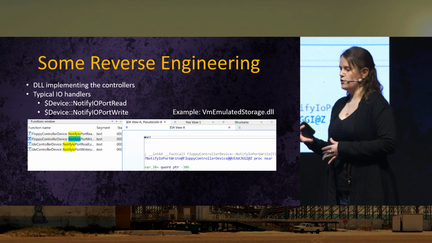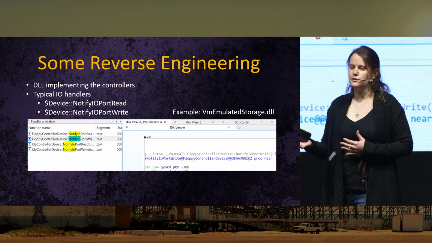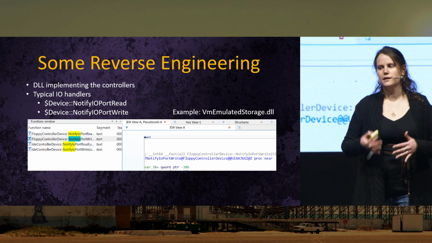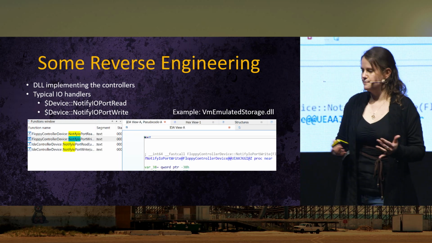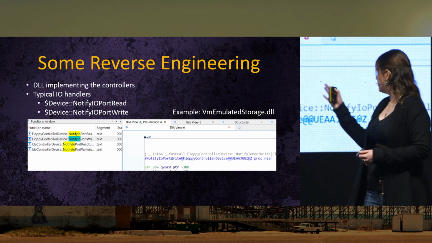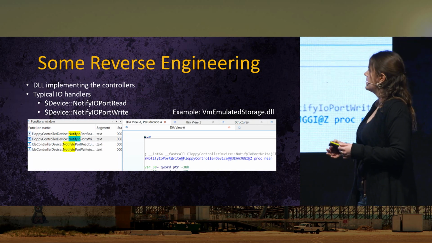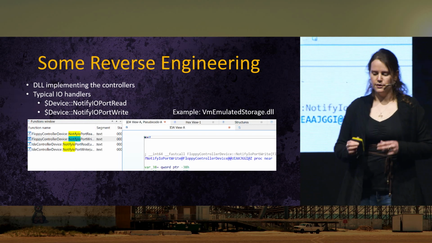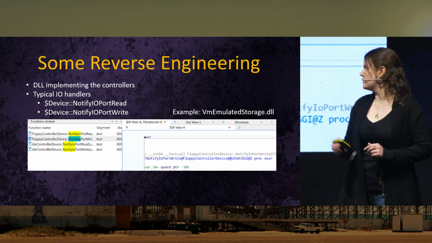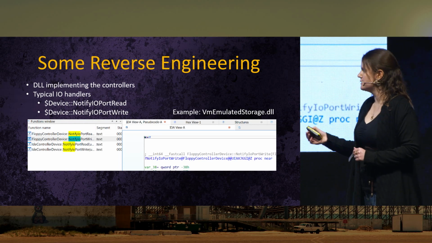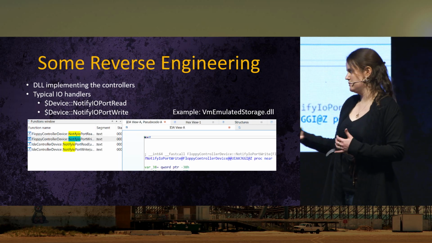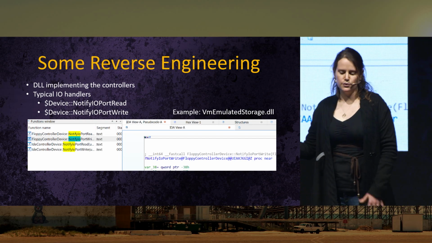So the first step is to reverse those DLLs and to find the handlers that hold all the information: the IO port, the length, and the value when it applies. This is an example, the VM emulated storage.dll. For all the devices, there are two entry points that are always implemented, which are notify IO port read and notify IO port write. And we can see the ports, length, value there. That's exactly what we want to look at.